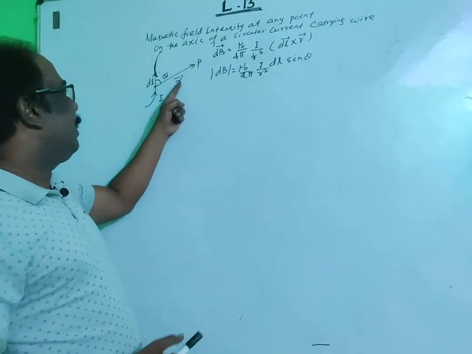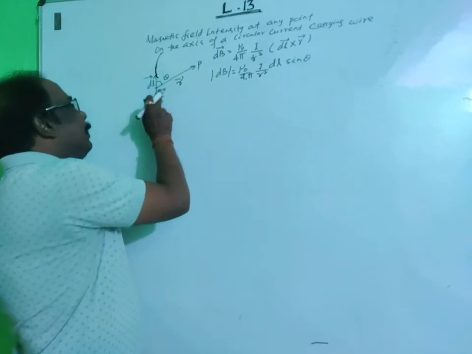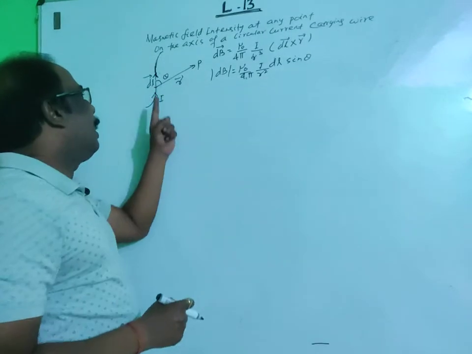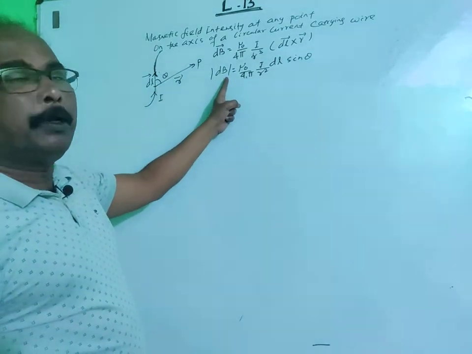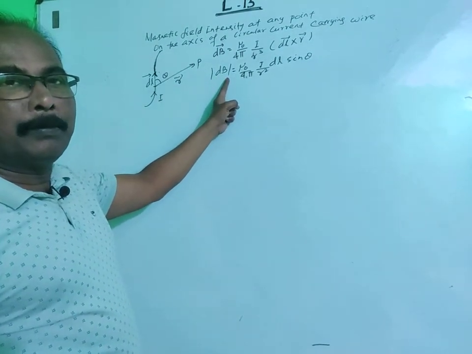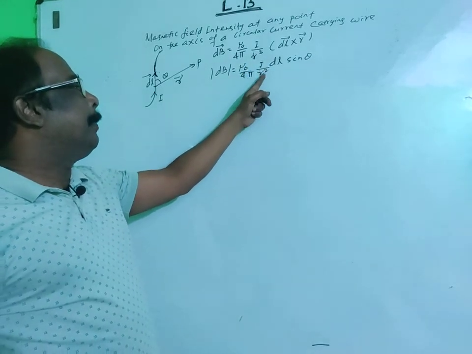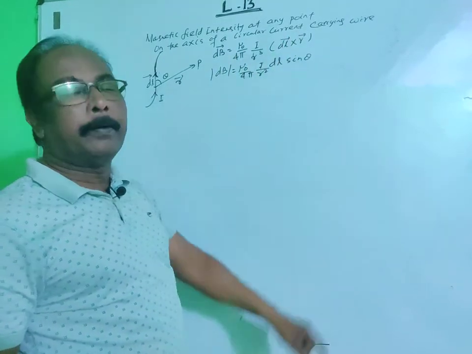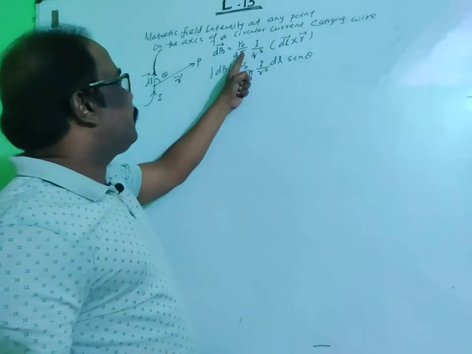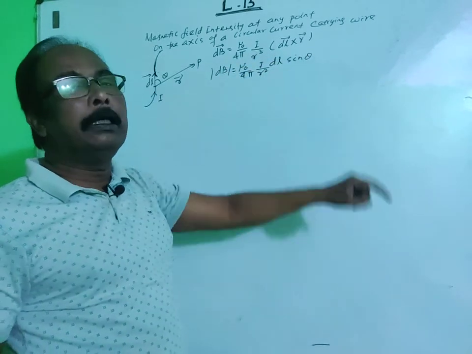Direction of dl is taken along the direction of current. The angle between dl and r is theta. Then the magnitude of magnetic field in accordance with Biot-Savart law is given by mu 0 by 4 pi into I by r square into dl sin theta, and this is the vector form of Biot-Savart's law: mu 0 by 4 pi into I by r cube into dl cross r.